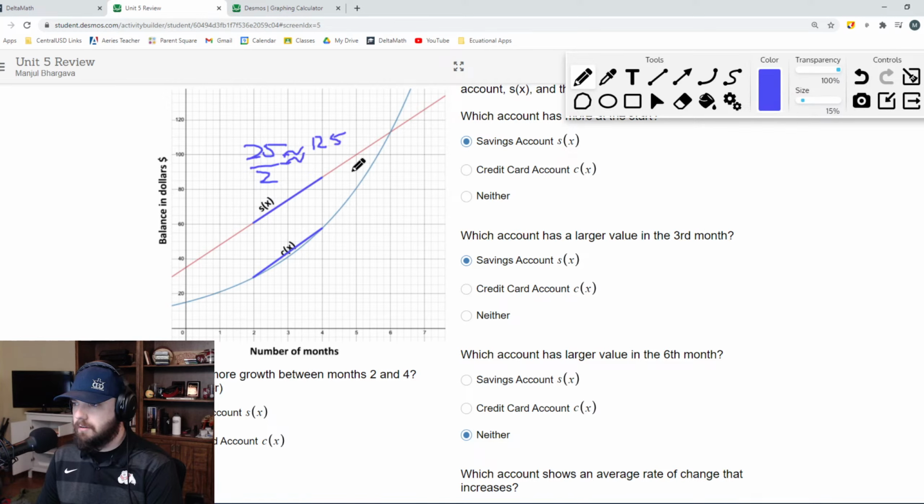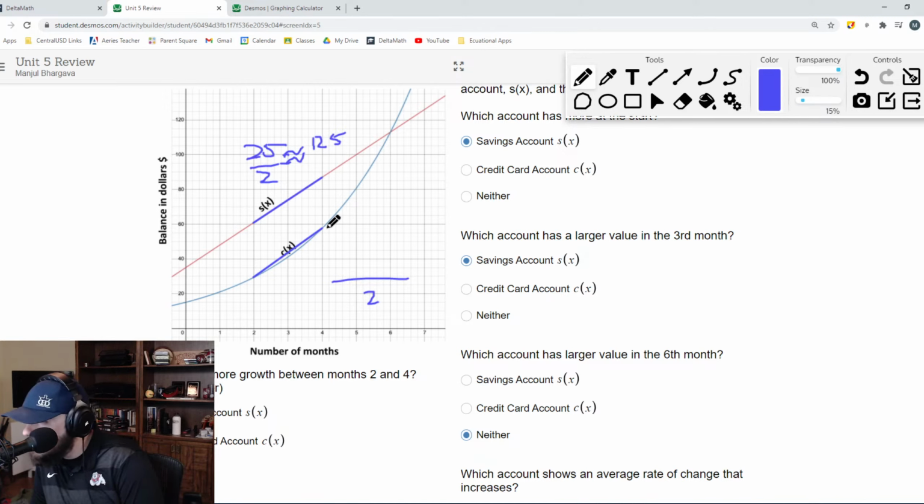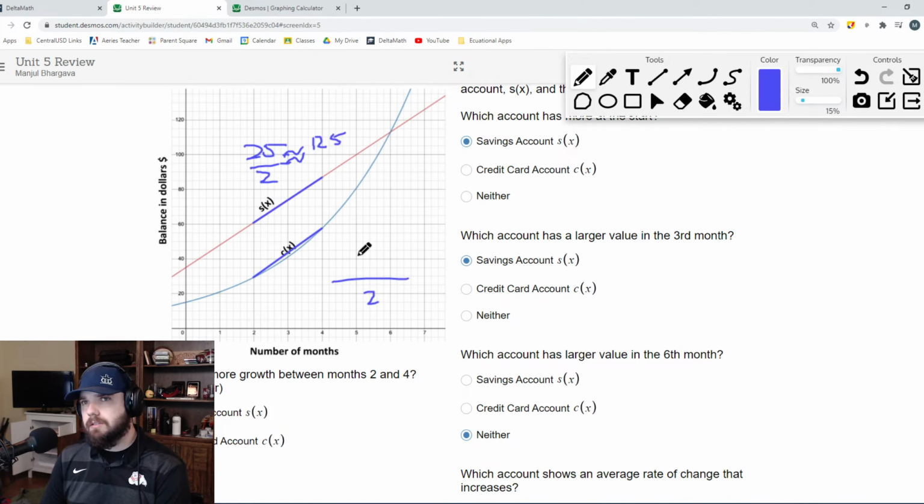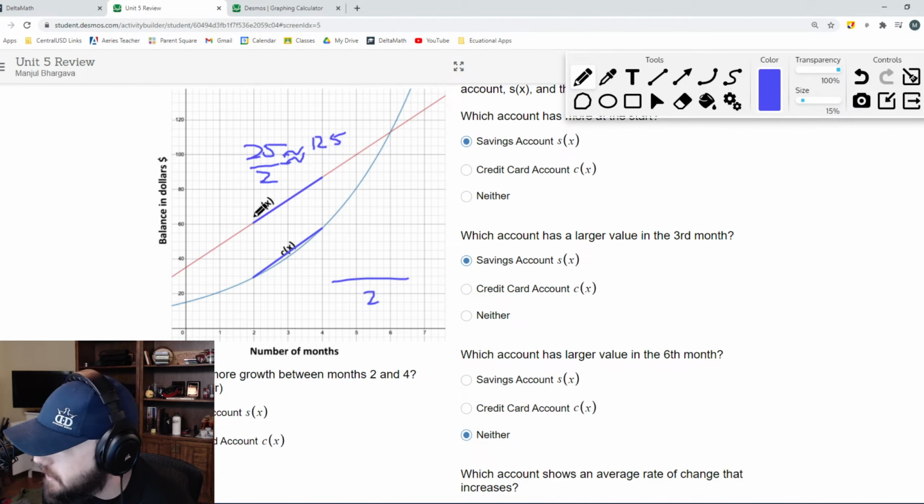If we look over here now, again my run is going to be 2. But instead of going up by 25, we're starting at like 30, and we're going up to 55. Did I do that right? Are my eyes working right?